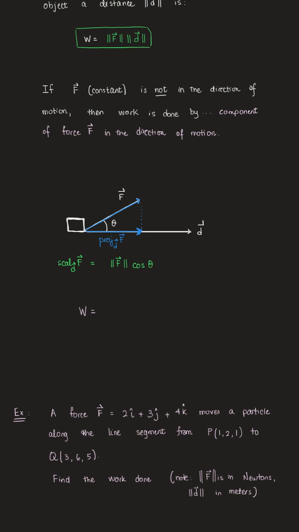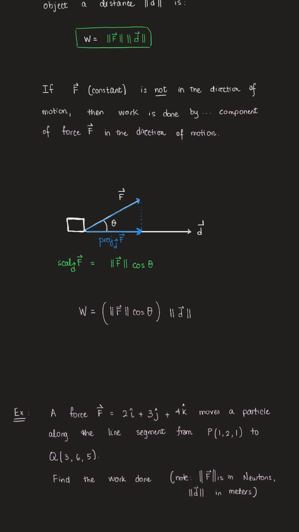The work is done by the component of the force in the direction of motion. So that's going to be the magnitude of the component of the force, right? We'll go back to how work is defined: magnitude of force times distance, as long as they're in the same direction. So this is going to be the magnitude of the component of the force in the direction of motion, that's the magnitude of F times cosine theta, and we multiply this by the distance in which the object is moved, the magnitude of vector d.